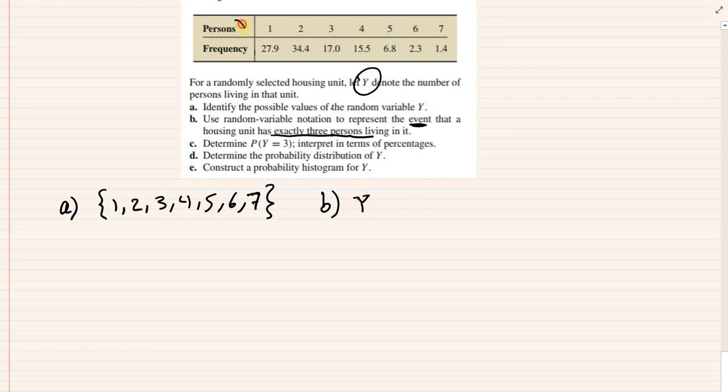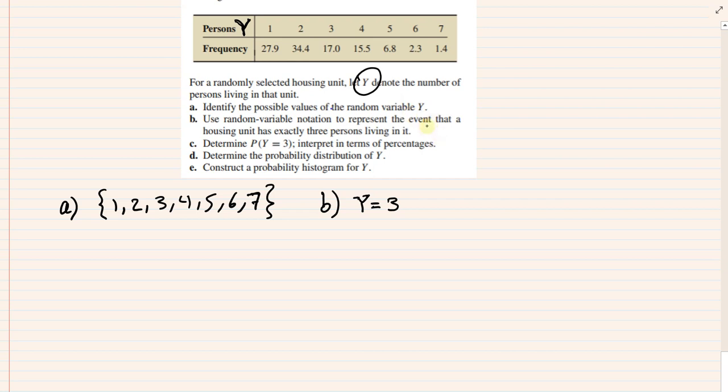So this would be up here in the table. I have capital letter Y, and these are individual values, little y, so that's what those are. Okay, so using random variable notation, that event is y equals 3. Don't put a probability in front of it. He just defined an event.